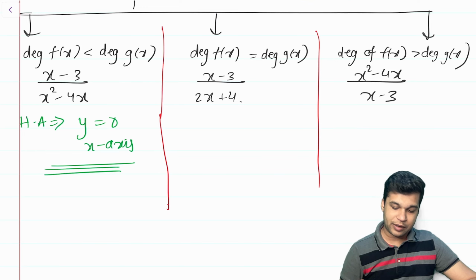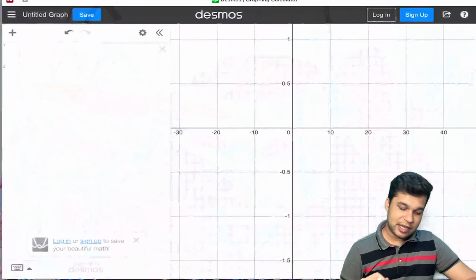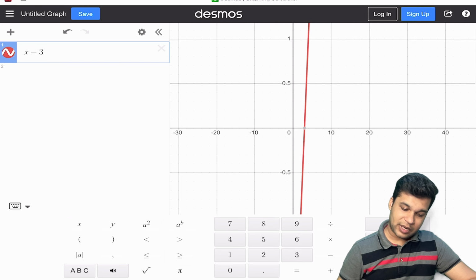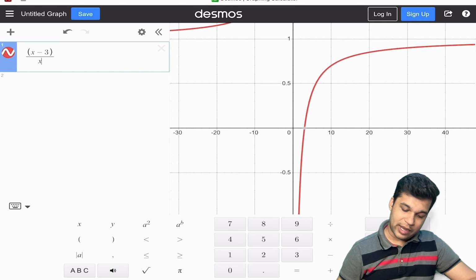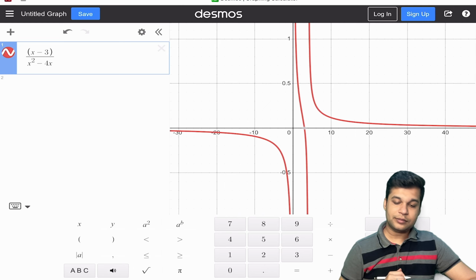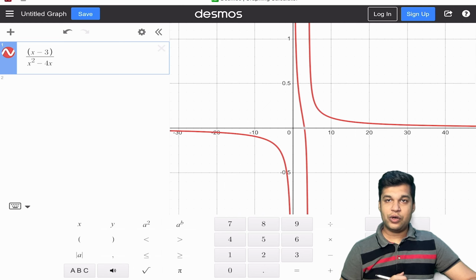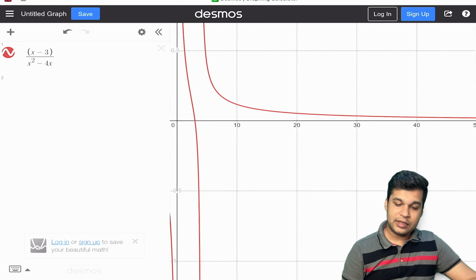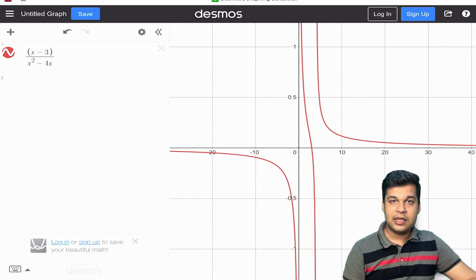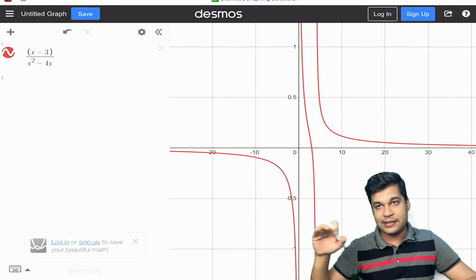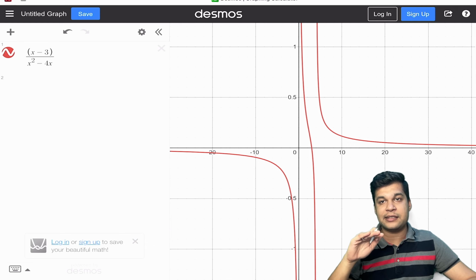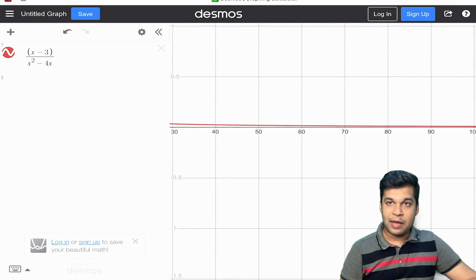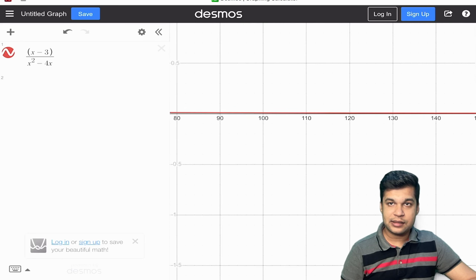If you want to check, the example is (x minus 3) divided by (x square minus 4x). If you observe the x-axis, the curve is trying to touch the x-axis, or you can say that the x-axis is trying to touch the curve, but they never touch.